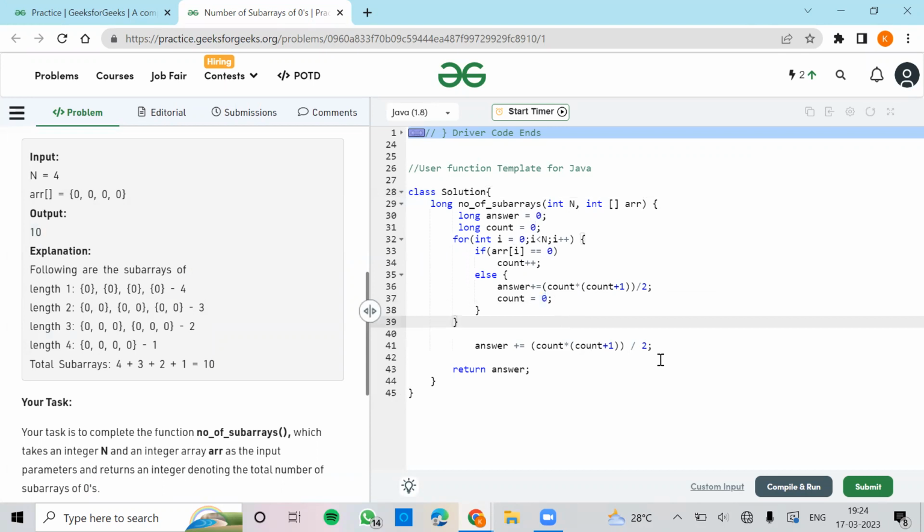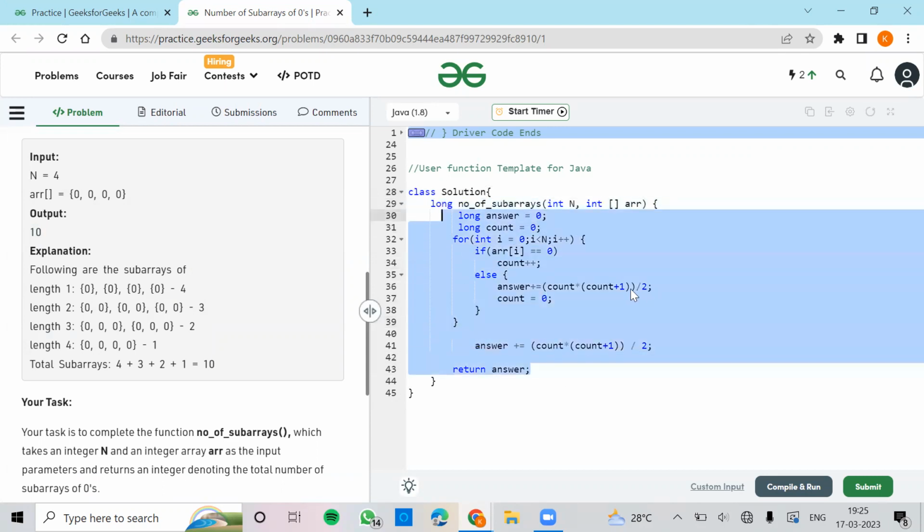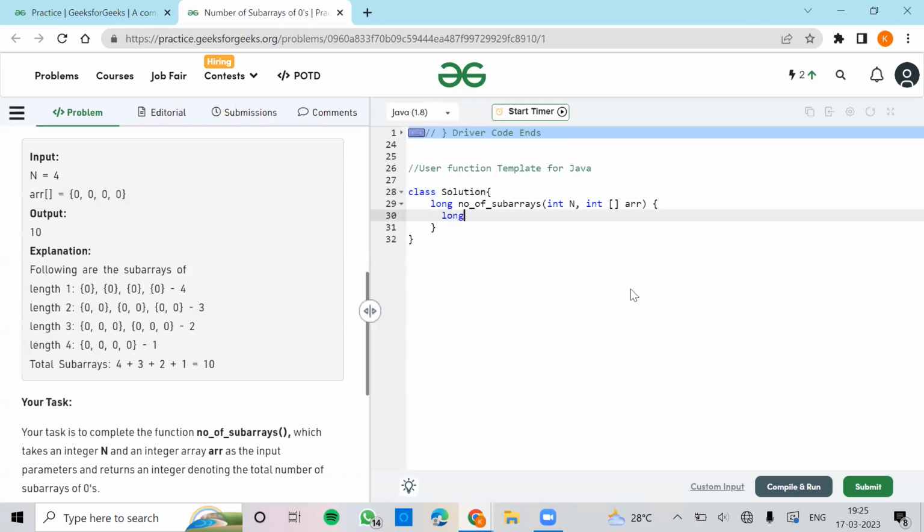So let me code and explain. We will be using the variable answer to return the actual value of this function, and we'll be using the count variable to count the number of zeros, iterating linearly through the array and checking if the array element is 0.